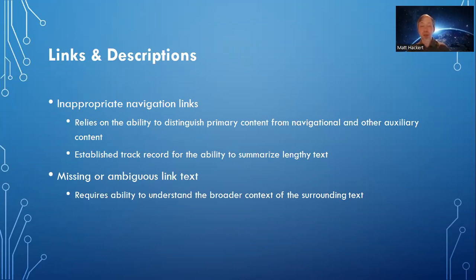The solution to this problem is accurately assigning ARIA roles to navigation menus to indicate the link's purpose while making it navigable. There should also be a skip to main content link on the web page to allow users to skip navigation.